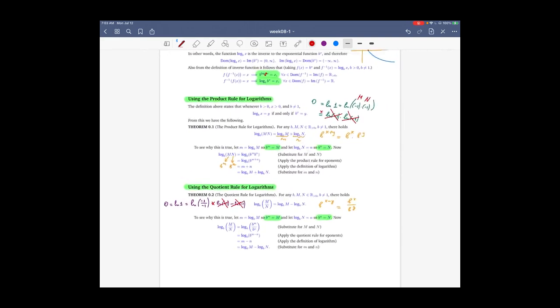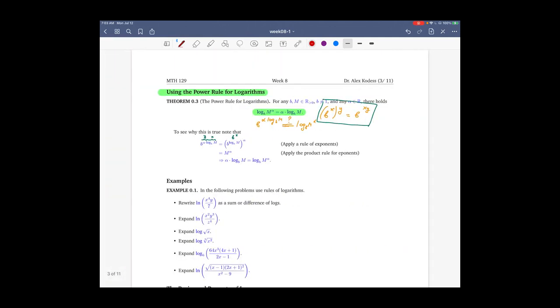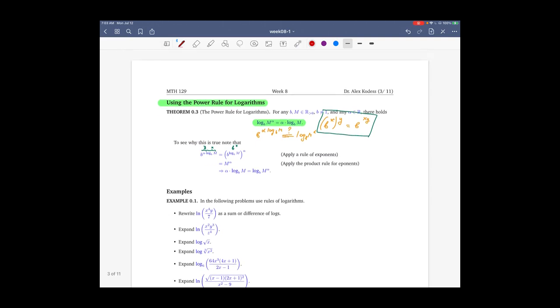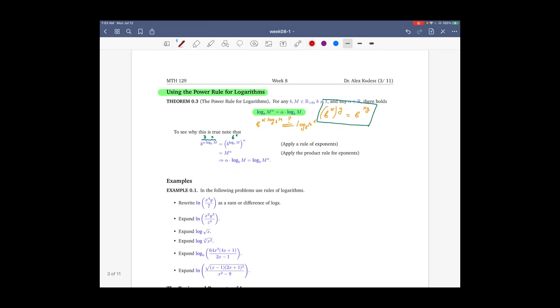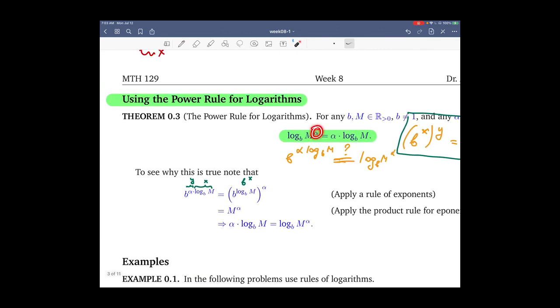That type of mistake for the power rule is even more common. For example, it's very common for people to write ln x squared, and now applying the power rule, I can take the power down, right? That's what the power rule says.